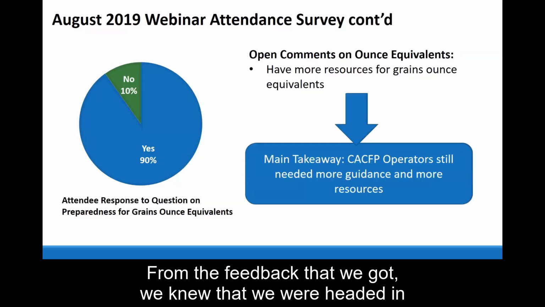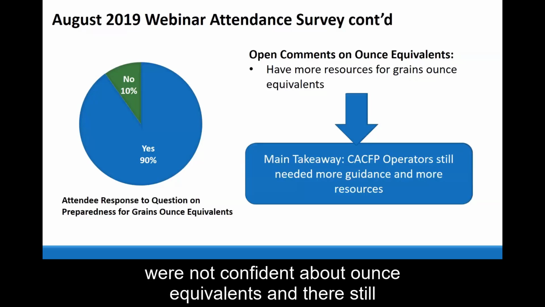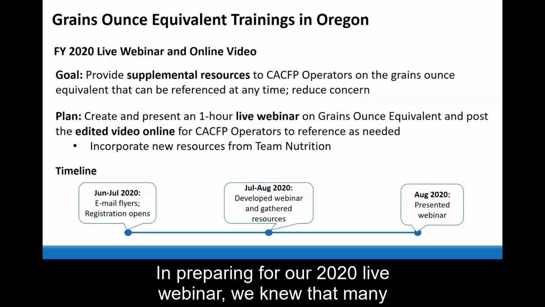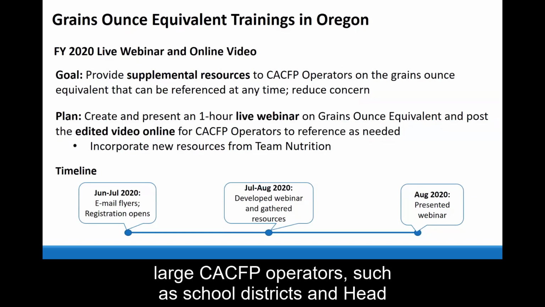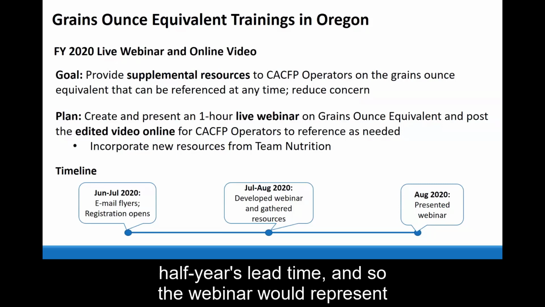From the feedback that we got, we knew that we were headed in the right direction, but there were still many operators who were not confident about ounce equivalents, and there still needed to be more resources to guide them. So in preparing for our 2020 live webinar, we knew that many large CACFP operators, such as school districts and Head Starts, planned menus and procured items with about a half-year lead time.